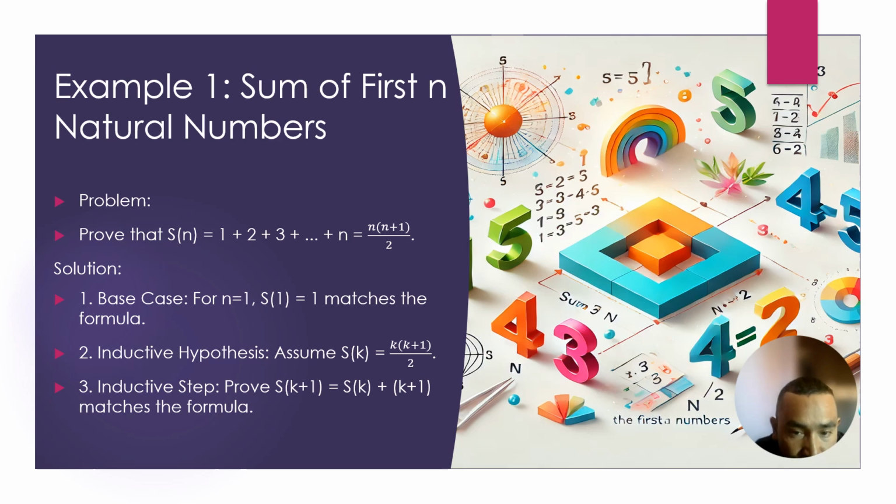By doing this, we find that the sum up to n natural numbers is n times n plus 1 upon 2. To prove that, the base case.